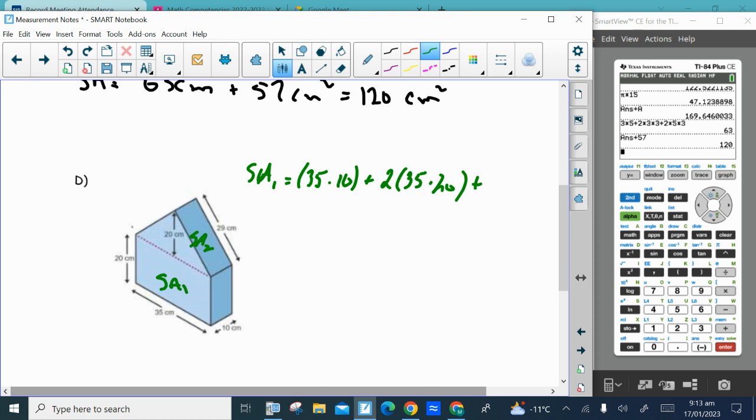Then you have the left and the right. They're smaller rectangles, but they measure 10 wide by 20 high. The left side is the same. So again, there's 2 of them. So twice 10 by 20.